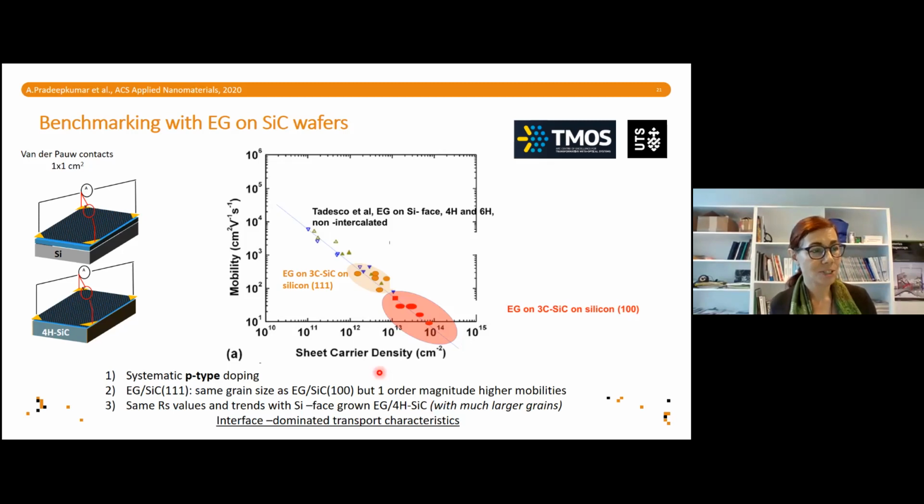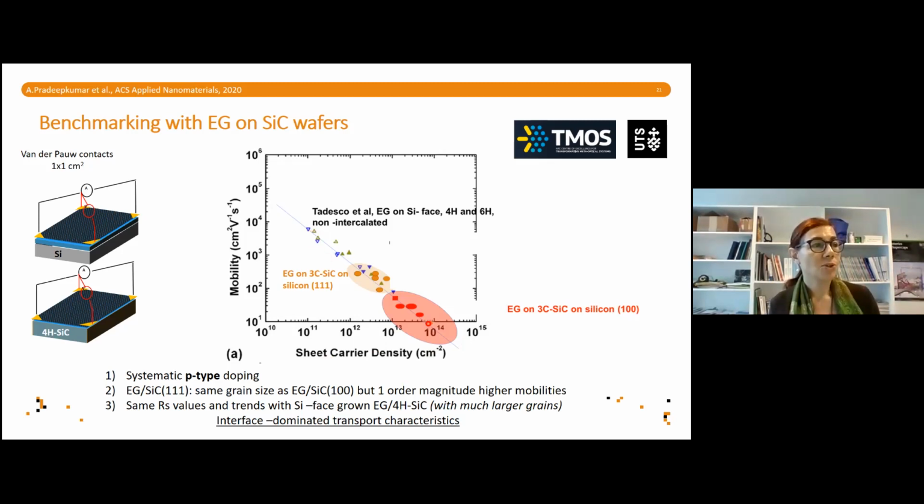So there's a power relation between mobility and sheet carrier density. Those things cannot be changed in any way one wants, but they are connected. Meaning that the higher the sheet carrier density, the lower the mobility, and vice versa. So if you want to have high mobility, you will have to have very few carriers. That's how it works. You can only move along this line.